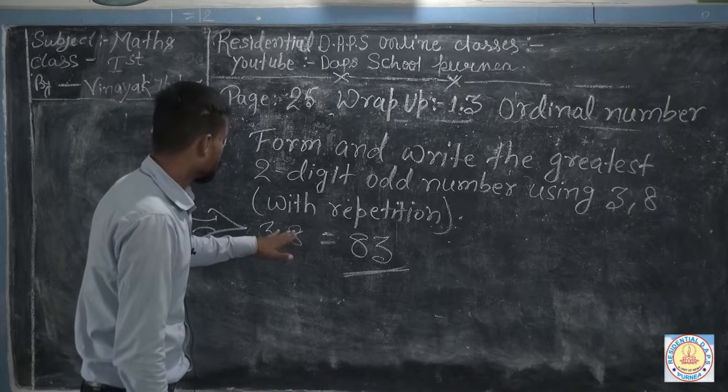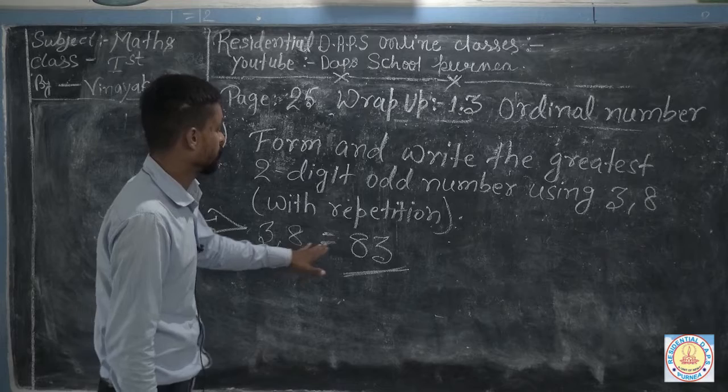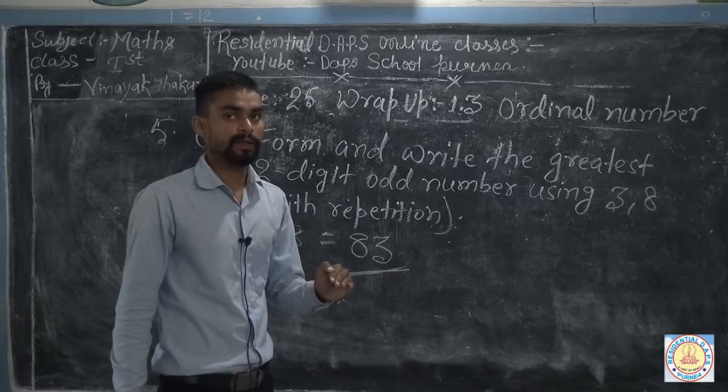So by using 3 and 8, 83 is the greatest odd number.